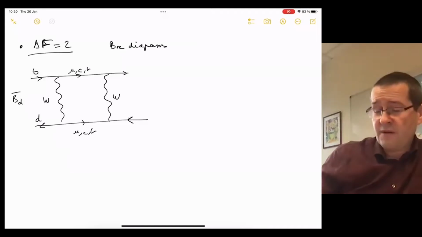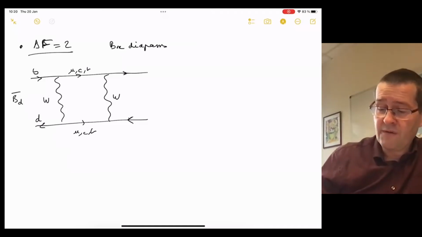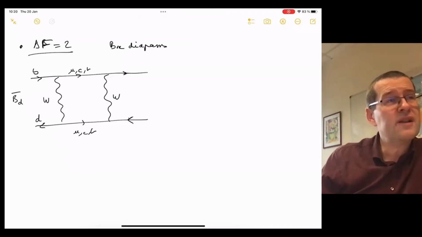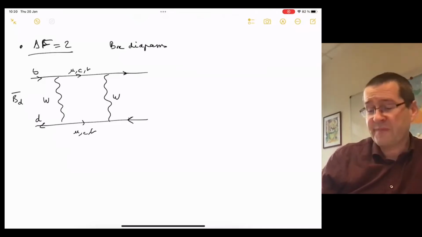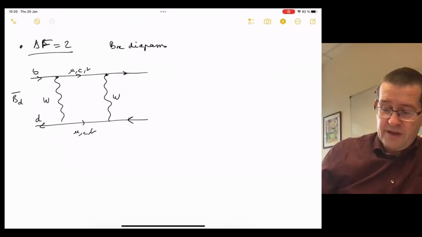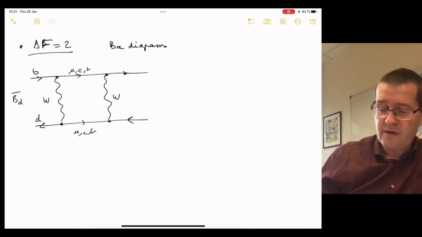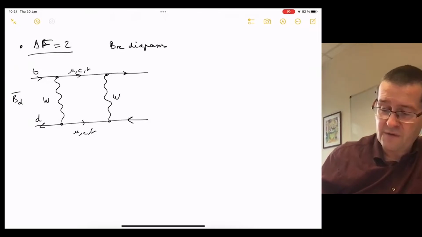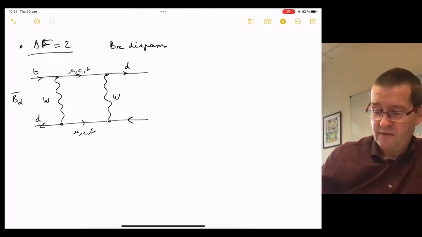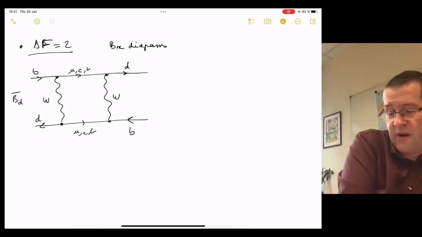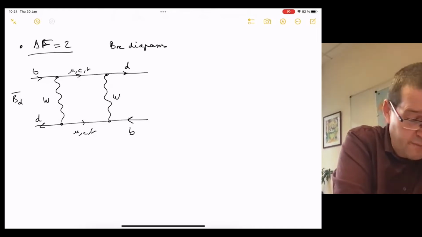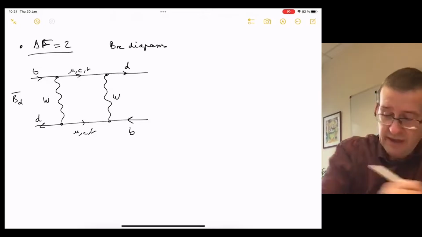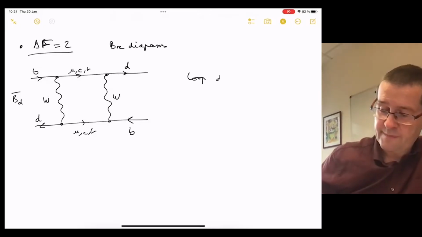If you have an exchange with a second W, the only requirement is that you have the same kind of quarks at the end. So you have a B and a D, but this time you change the B quark into a D quark and the D bar quark into a B bar quark. That's the kind of loop diagram.